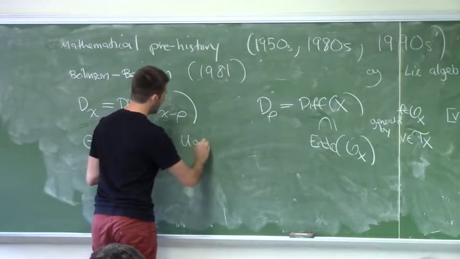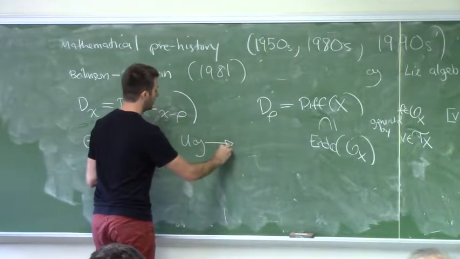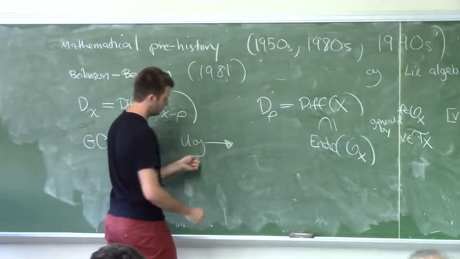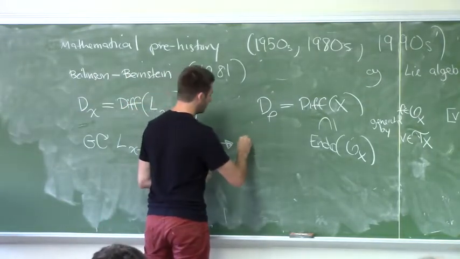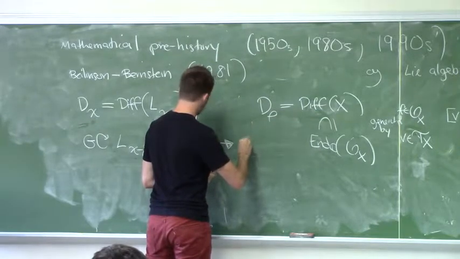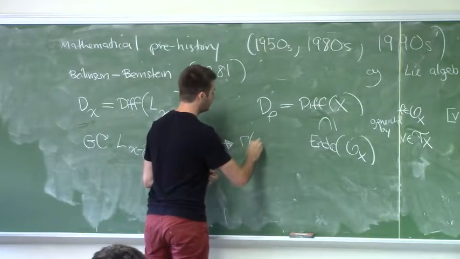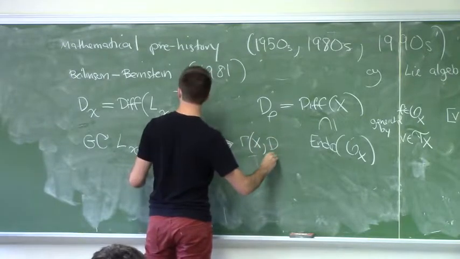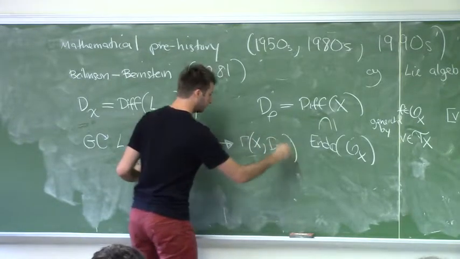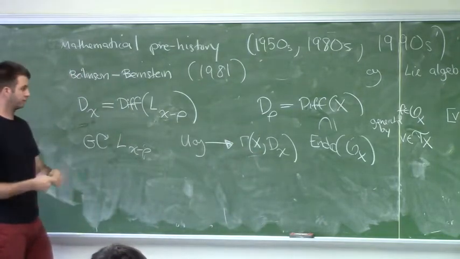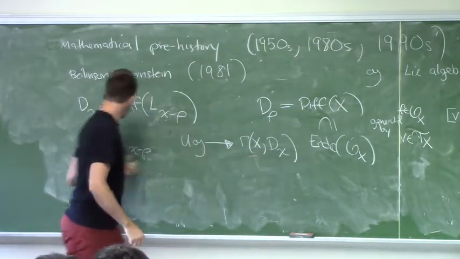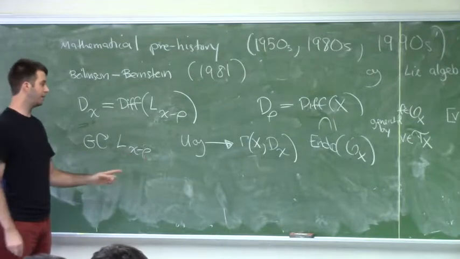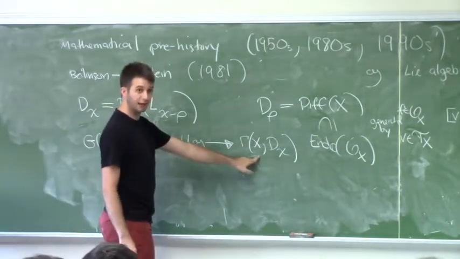And so that means that by differentiating this action, we're going to get a map from the universal enveloping algebra of g into the global sections of the sheaf of differential operators on that particular bundle. So that's maybe the first thing to notice, is that we have a map here.